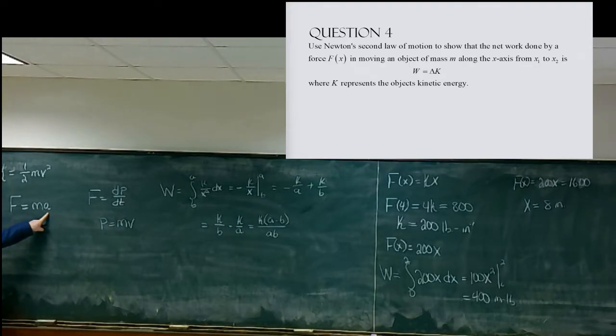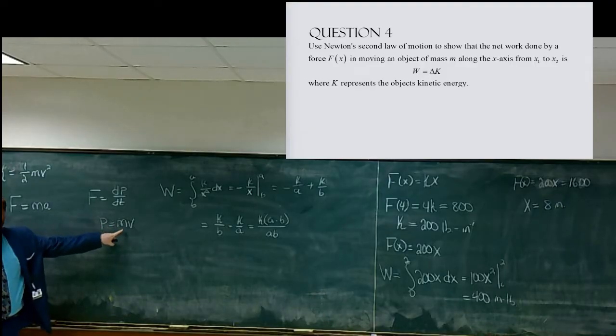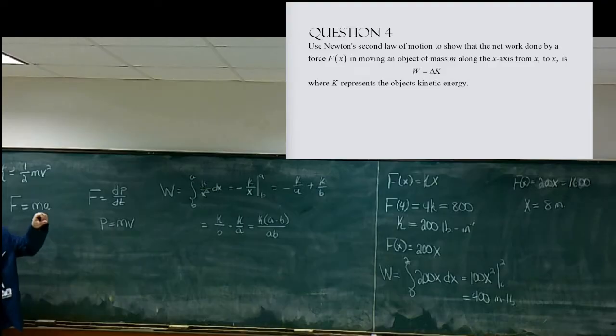You made one critical flaw. You assumed the mass was constant. Mass is not constant. Mass is a function of speed. The faster an object moves, the more mass it has. That is known as general relativity. No, special relativity.